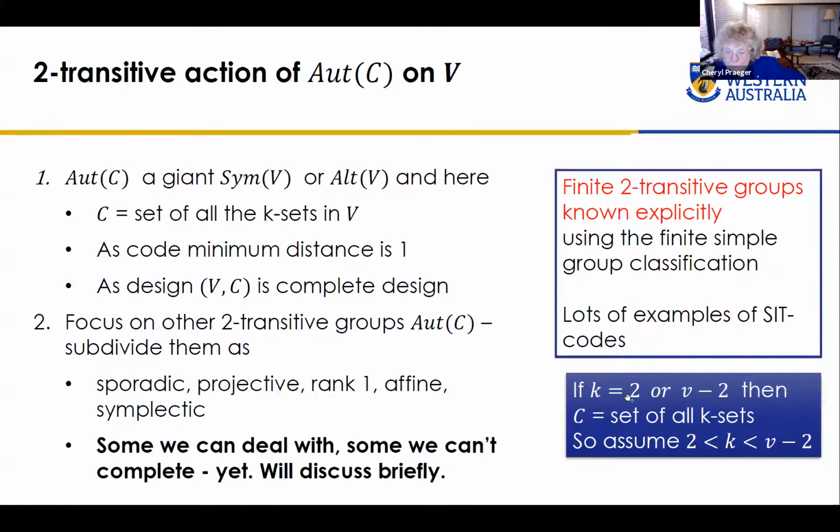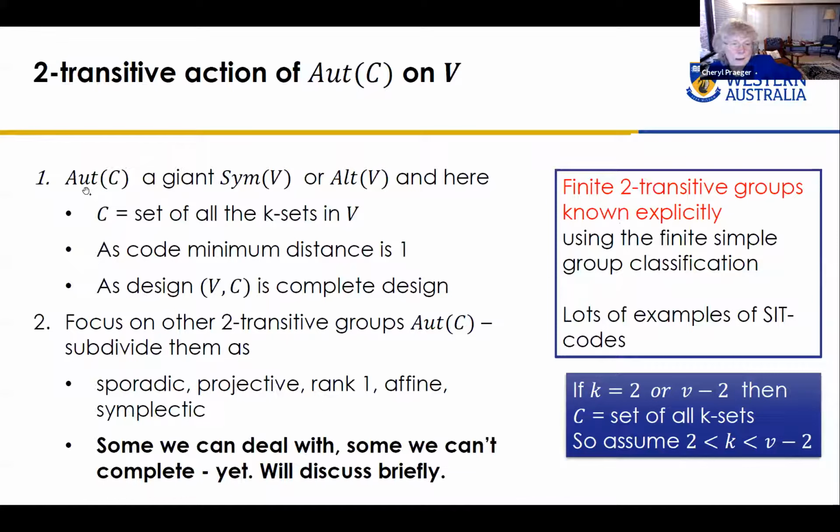But one thing more, since we've got a two transitive group of automorphisms, if I were to take K to be 2 or V minus 2, then the automorphism group would be transitive on K sets and the code would be all the K sets. So they're a bit trivial. And so usually I'd assume that K is strictly between 2 and V minus 2, maybe at most V over 2.